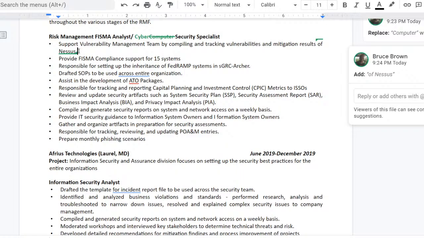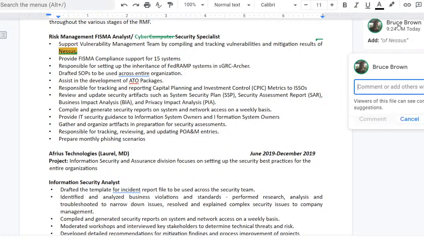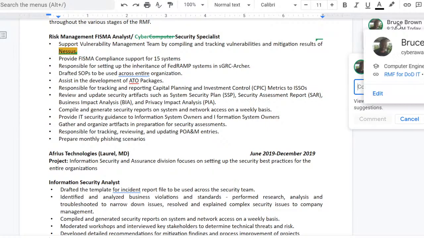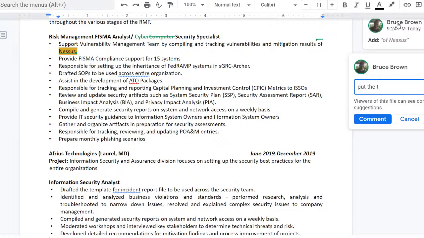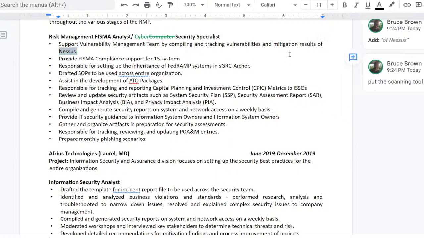And I don't know what tool this was. I'm just going to put in here, put the tool used. Put the scanning tool that was used. That way, that comes up as a keyword. Nessus. Vulnerability and mitigation results of Nessus.